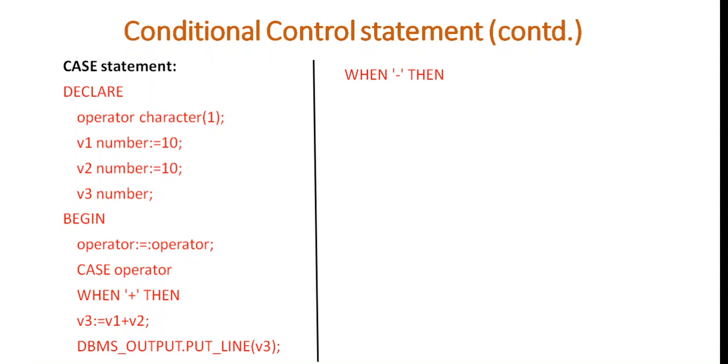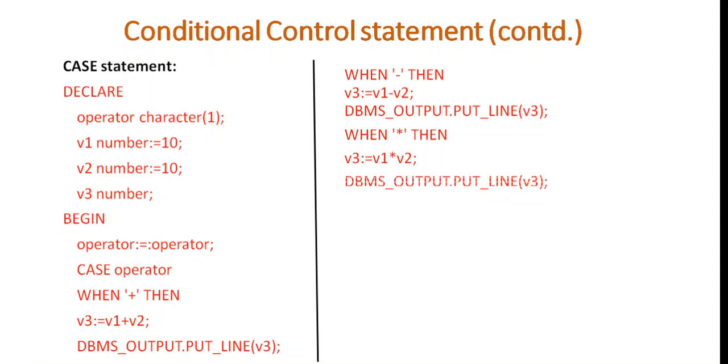Next is, when the case operator is minus, then perform the subtraction operation of both the variables and display the value. When the operator is multiplication, then perform multiplication and display the value, and when the operator is division, then perform division and display that value. So this is case statement.